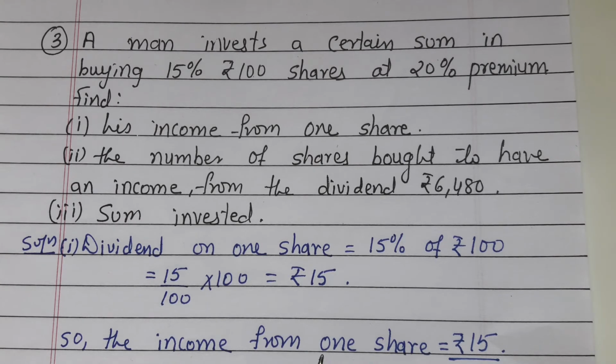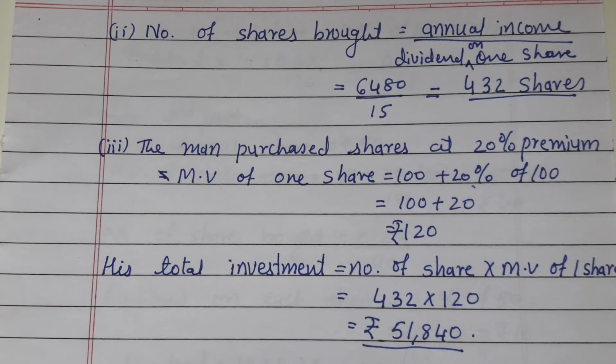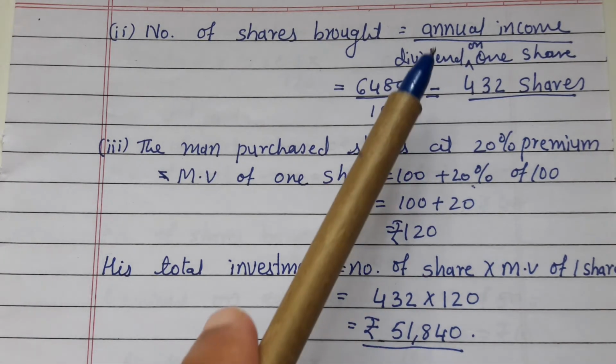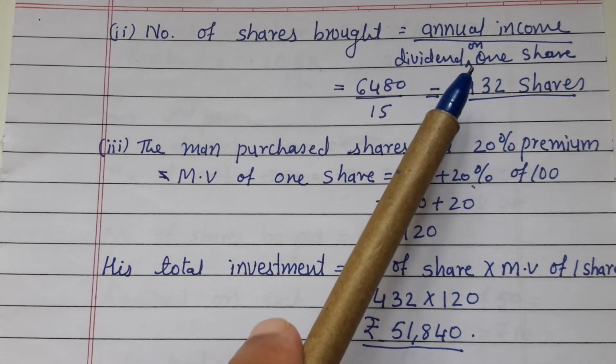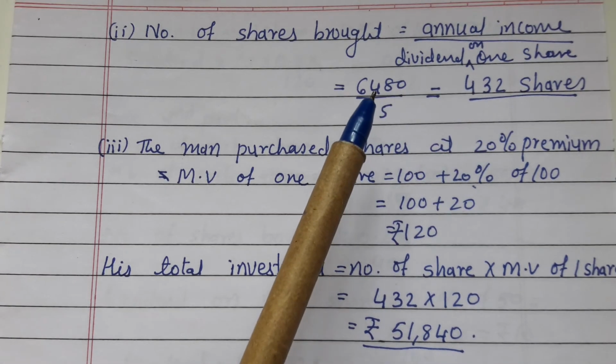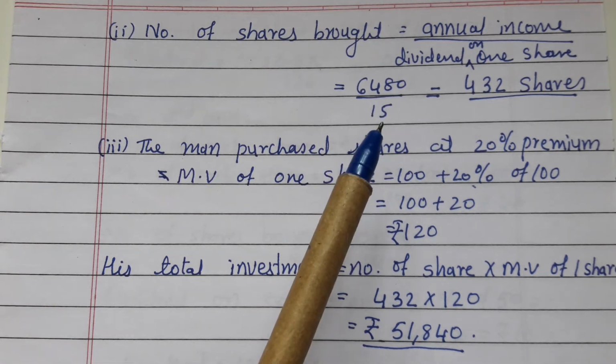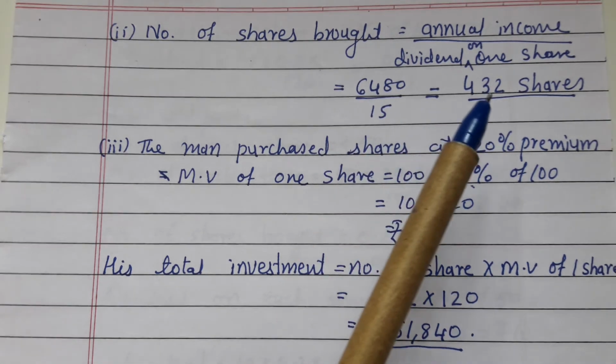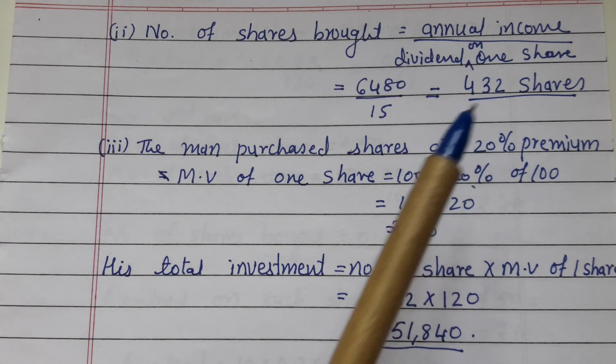Income from one share is rupees 15. Second part, number of shares bought is equal to annual income upon dividend on one share. Annual income 6,480 upon 15. That is equal to 432 shares.